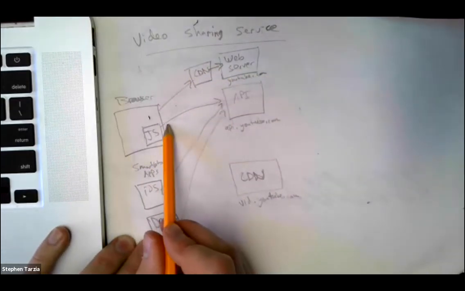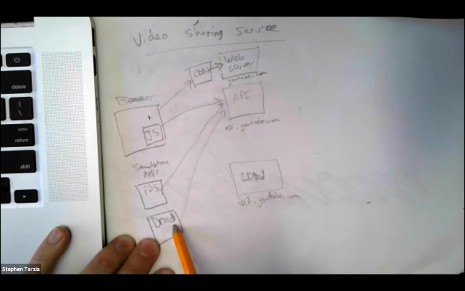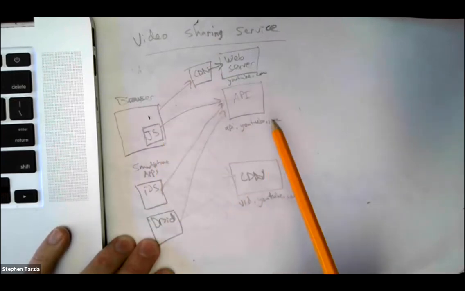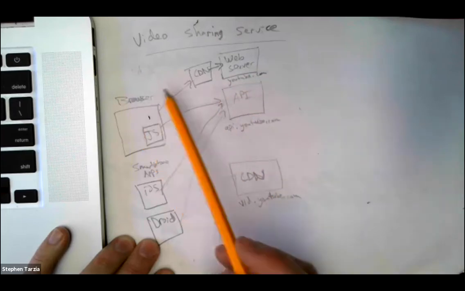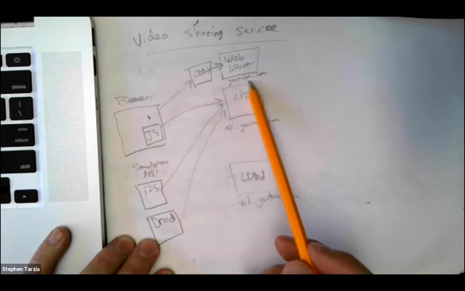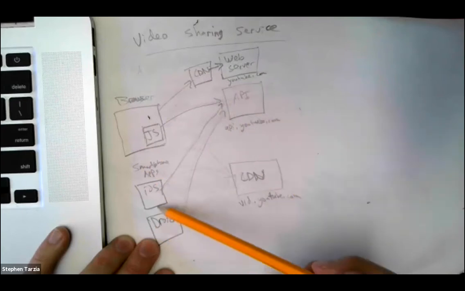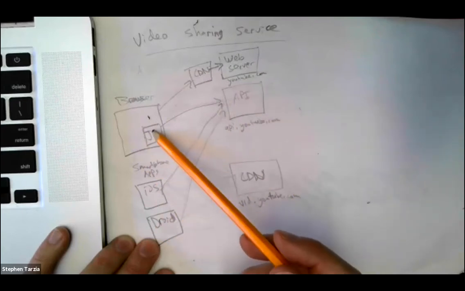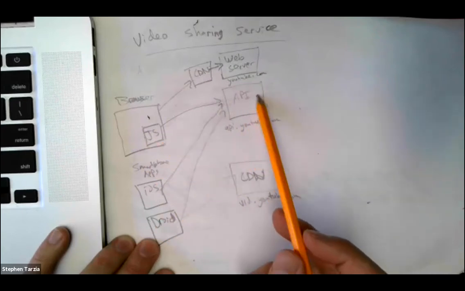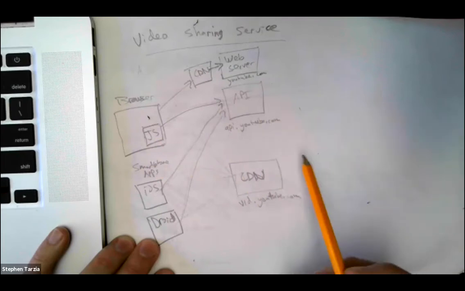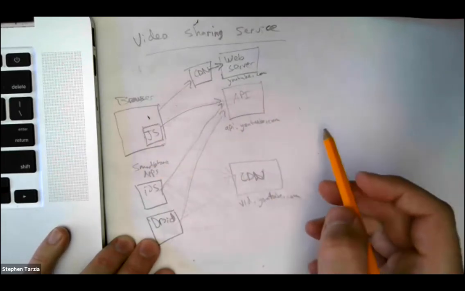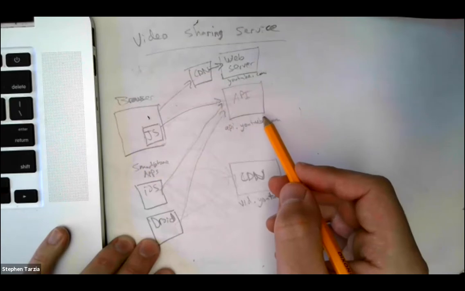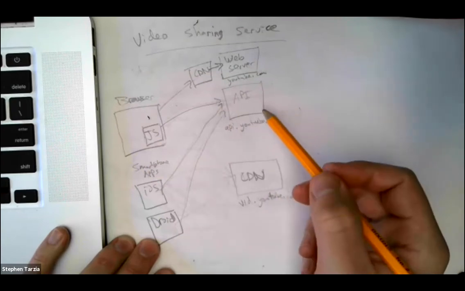Okay, so the clients are going to contact either 2 or 3 different services. The browser will contact youtube.com, and then the native apps as well as the JavaScript app running in the browser will contact this API domain, which handles things like search and leaving comments and stuff like that.